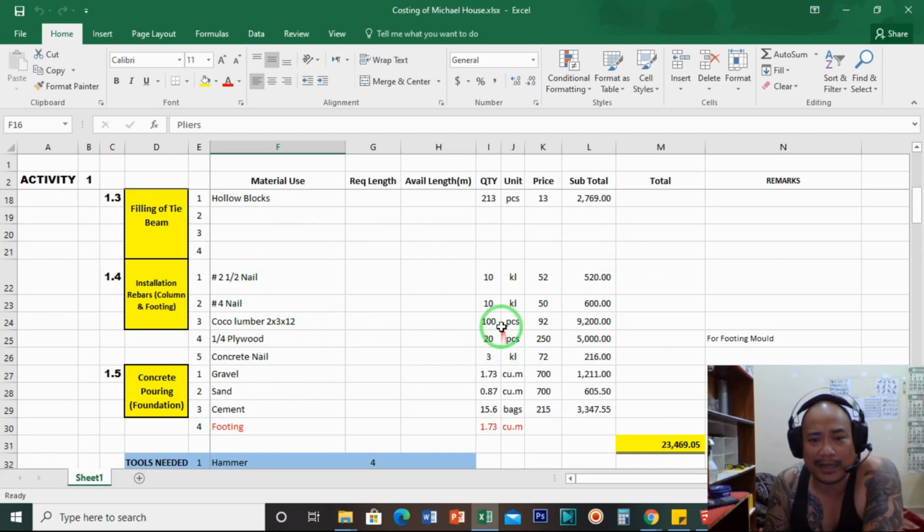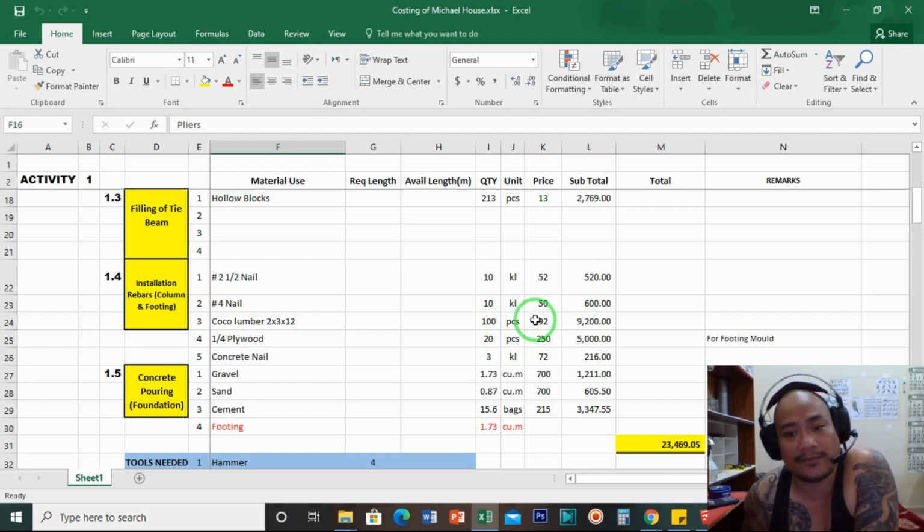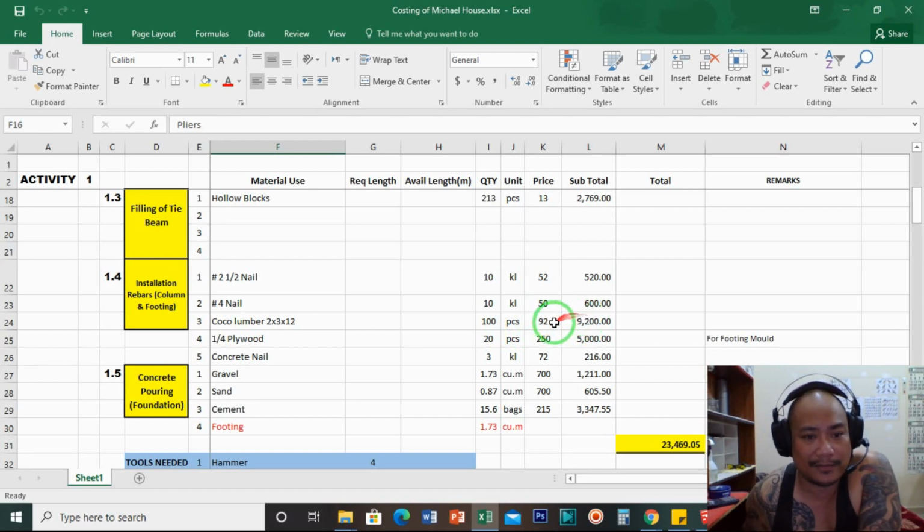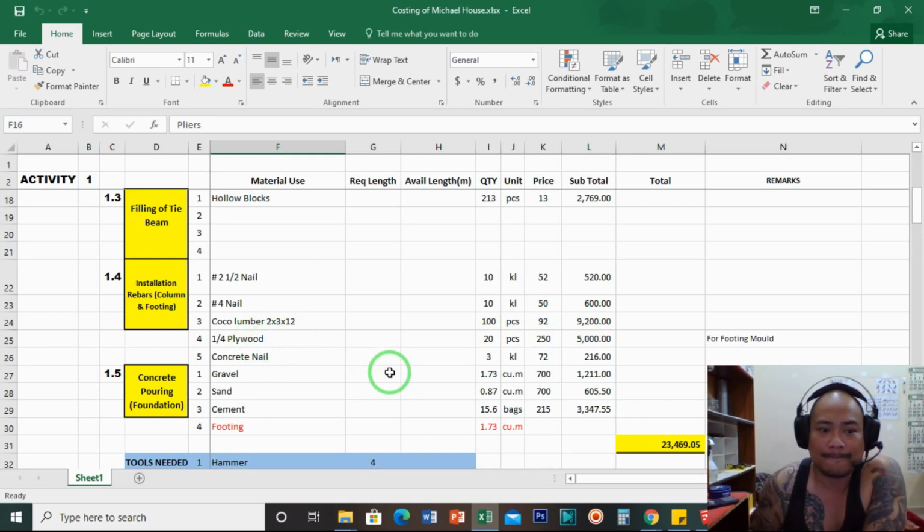Coco lumber, at least 100 pieces. In my last information, the price of this one is around 92 pesos each. That is 9,200. And 1/4 plywood for our concrete forms. It will be used as concrete forms, and concrete nail also.